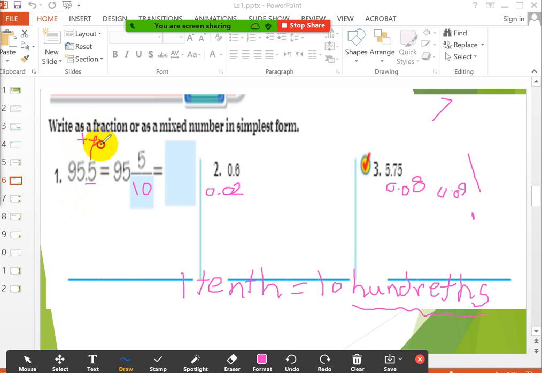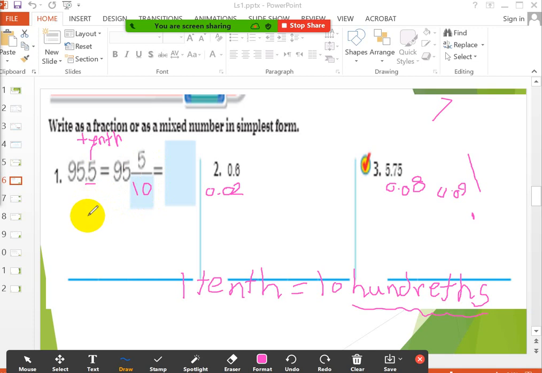So the value of this decimal number, written as a fraction, is 5 over 10. I call this number a mixed number because it's a mix of a whole number and a fraction.